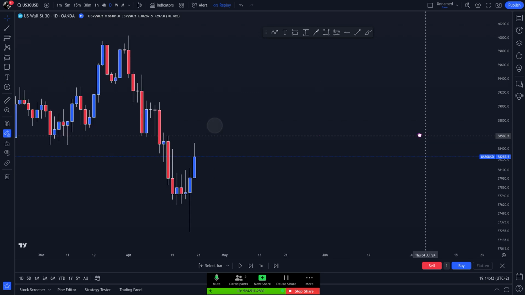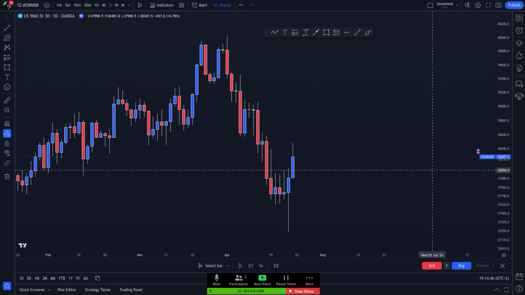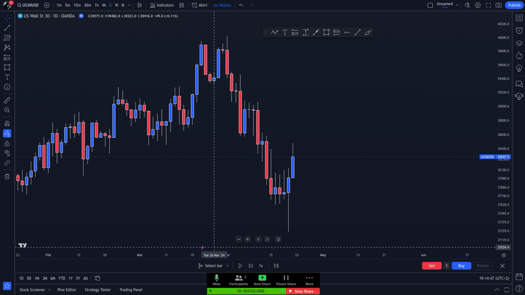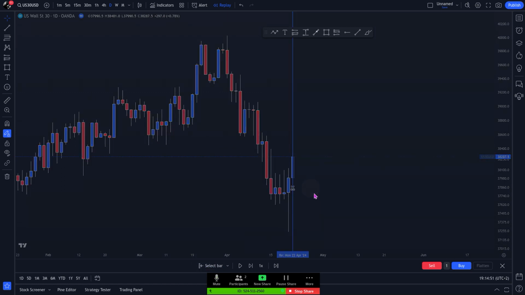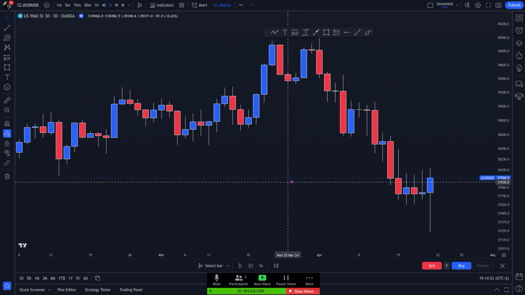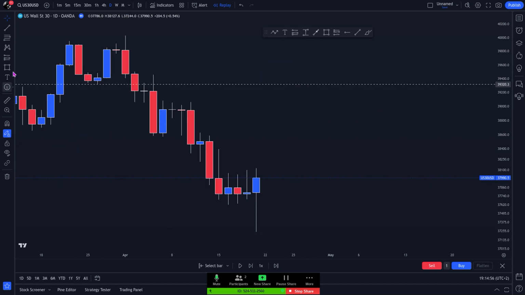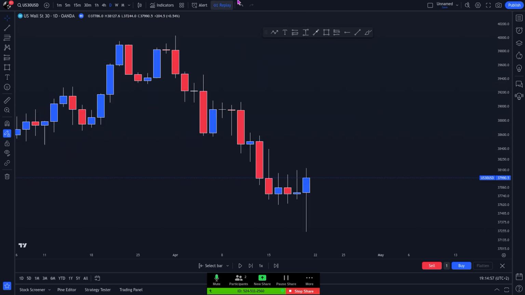Let's just use something different. Let's just use this one. Okay, instead of looking at the previous one, we're gonna use the same thing to show you that a daily time frame creates that uptrend and downtrend for you based on one candlestick.